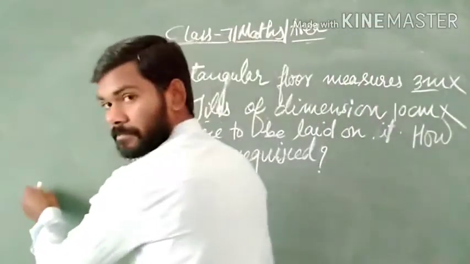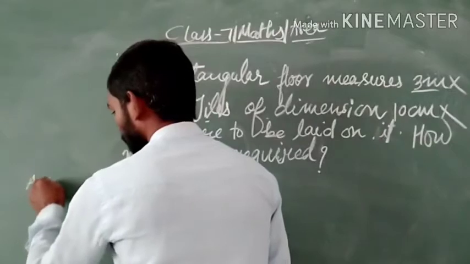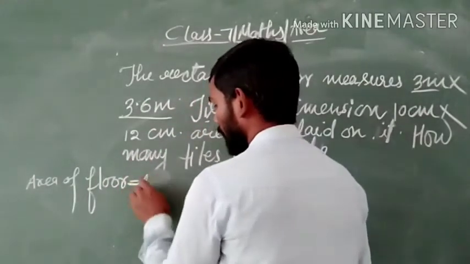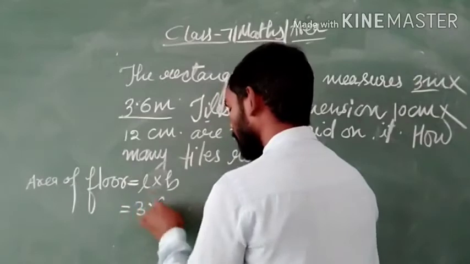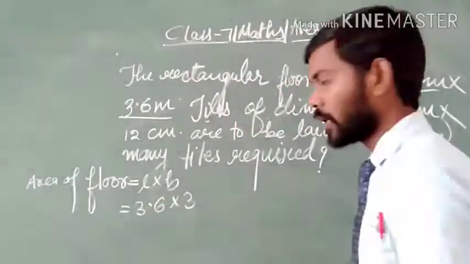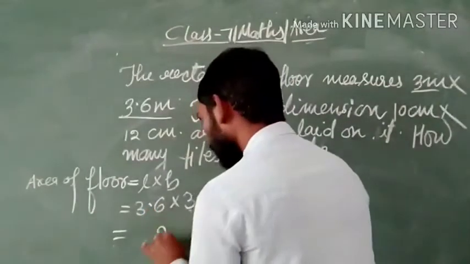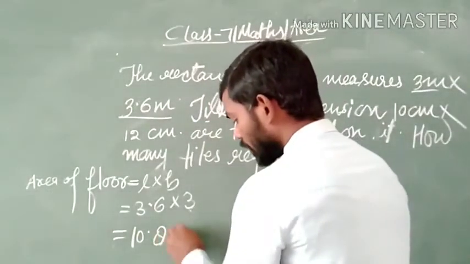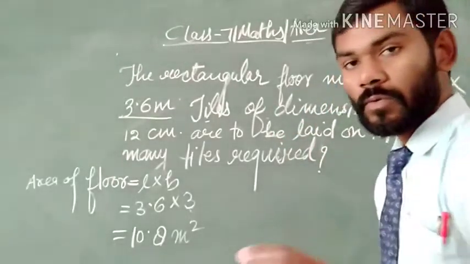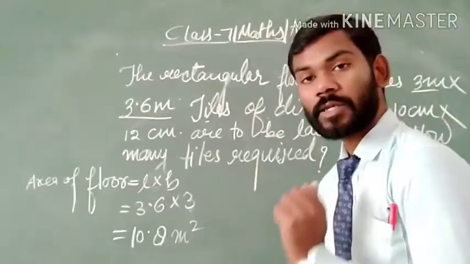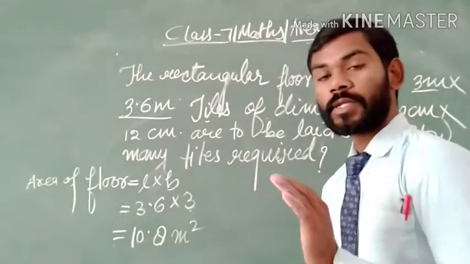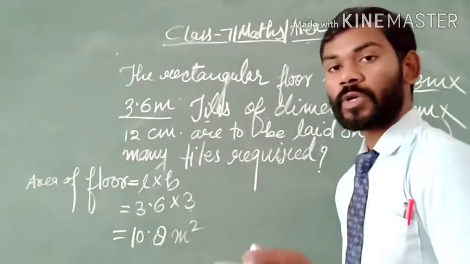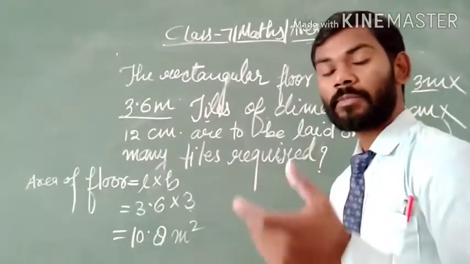So here we write area of floor, and this will be equal to L into B, that is 3.6 into 3. Here we get 6 3s are 18, 3 3s are 9, and 1, so 10.8 meter square. The next thing is that since the dimension of the tile is given in centimeter, whenever we divide the area of the floor by the area of tiles, we need both to have the same unit.